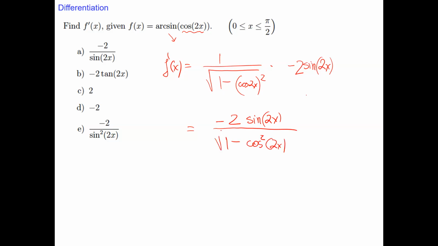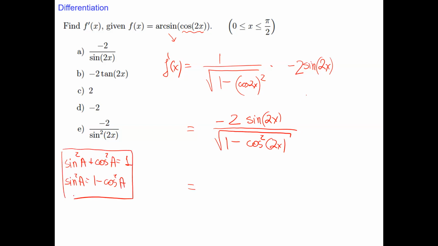And we have 1 minus cosine square. We know Pythagorean identity, sine square of a plus cosine square of a equals 1. Then when we solve for sine, it will be 1 minus cosine square of the angle. 1 minus cosine square of 2x. That means this, maybe I can save the room, will be sine square of the same angle.